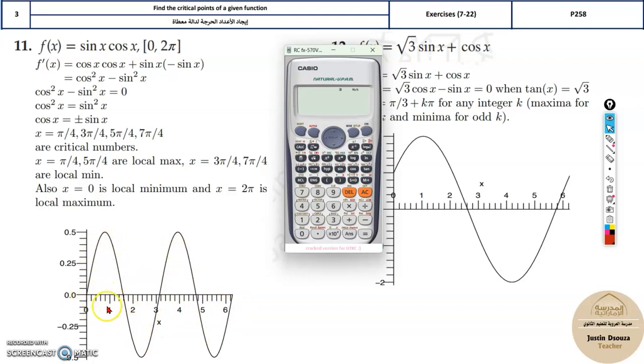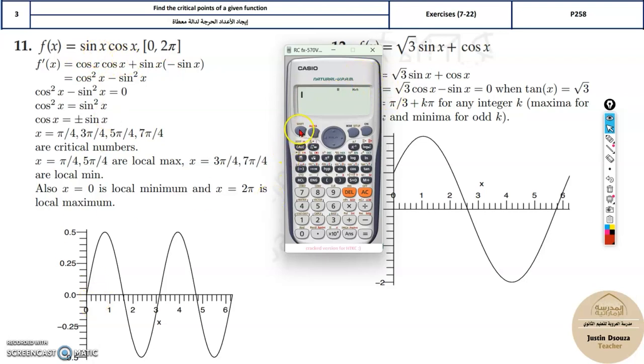Choose any x value. Say I will choose 1. So 1 is something over here. Instead of x, we will just put the x value. But the most important thing, if your calculator is cleared like this, it will by default be in degree mode. You cannot solve sine and cos in degrees.